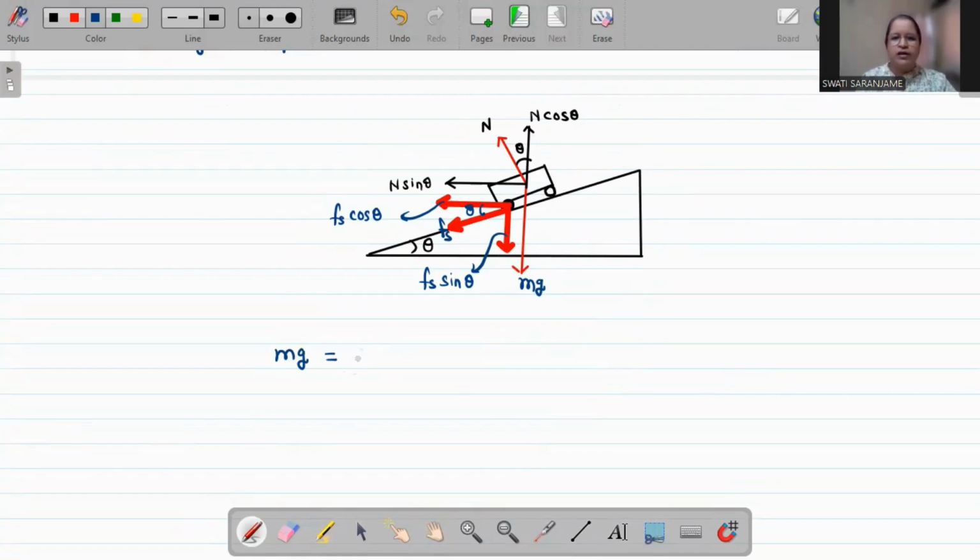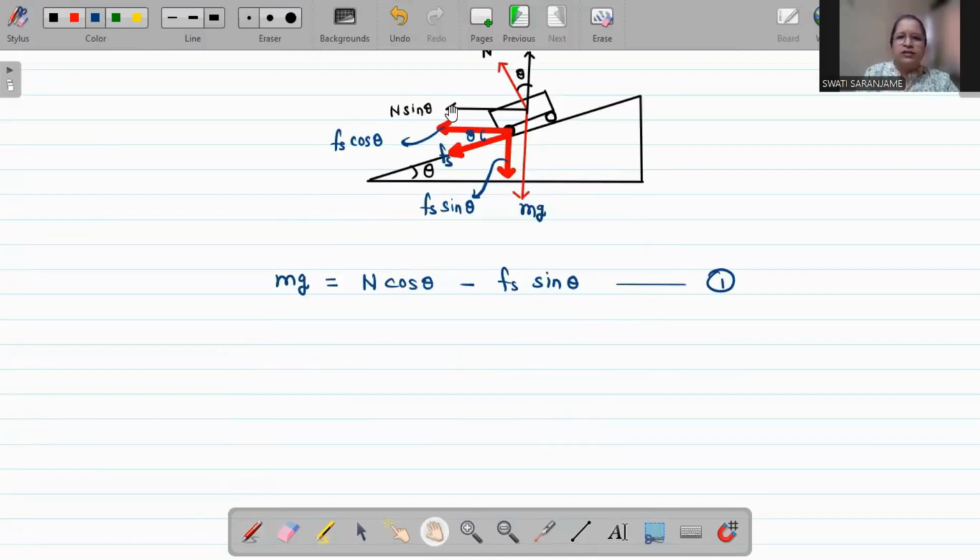So we'll have to write the equation as N cos theta minus Fs sin theta. This is equation 1. And the second one, N sin theta.